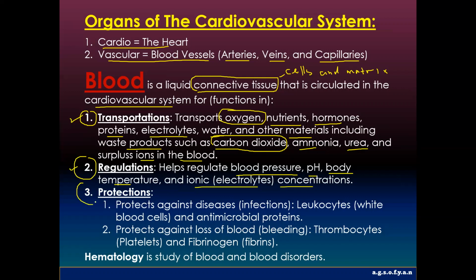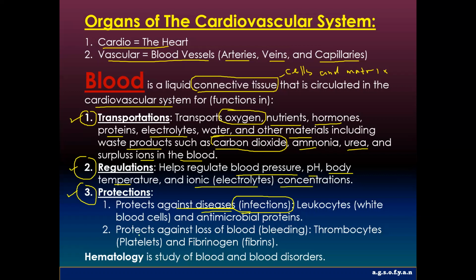And the last function of the blood is protection. First, of course, we learned about white blood cells. So white blood cells protect against disease. There is a specific disease called infectious disease, which is caused by microorganisms. So blood is also used for protection against infectious disease.